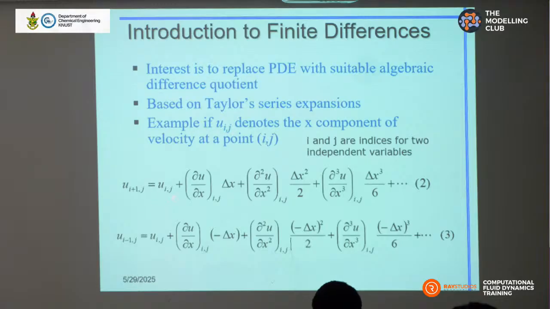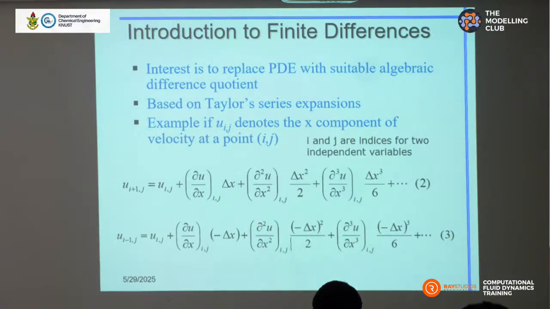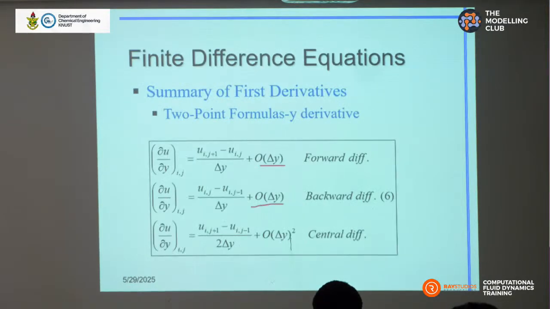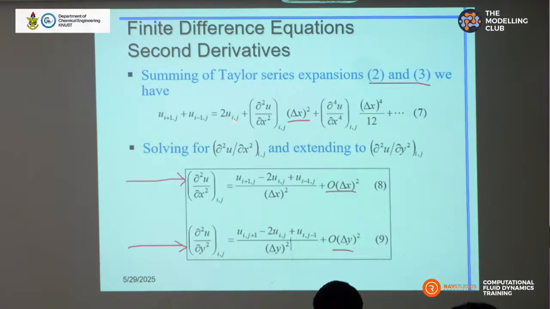On the left-hand side, you have 2 times u i,j, and then plus 2 times the partial of u with respect to x — no, these two terms cancel out, because one is plus and one is minus. So now you end up with this second derivative term, which you see here, when you add these 2 equations together.